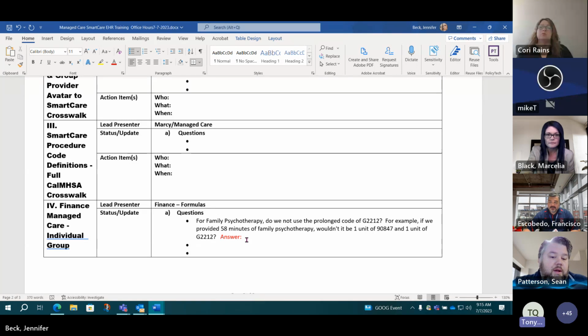So if I can maybe give you an example very quickly and see what calculations would come up, because I understand that in the claim form, the 1500 claim form, there's a section where we add the total that we are billing, right? So in order to add the accurate calculation, let's say, for example, I see a patient for 55 minutes, a minor, a child, individual therapy.